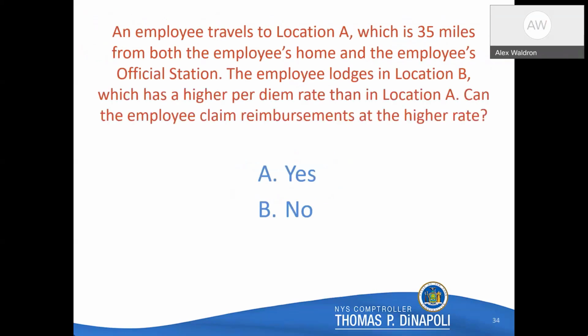All right. So an employee travels to location A, which is 35 miles from both the employee's home and the employee's official station. The employee lodges in location B, which has a higher per diem rate than location A. Can the employee claim reimbursements at the higher rate? And we have a yes or no answer here. Seeing a lot of A's, some B's.